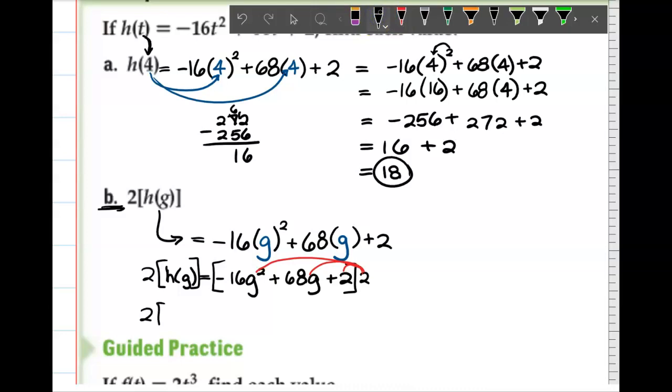So 2 times the h of g function gives me negative 32g squared plus 136g plus 4. So that's 2 times h of g. We started with the h of t function, took out t, put in g, and then we doubled everything because the problem told us to double our answer.